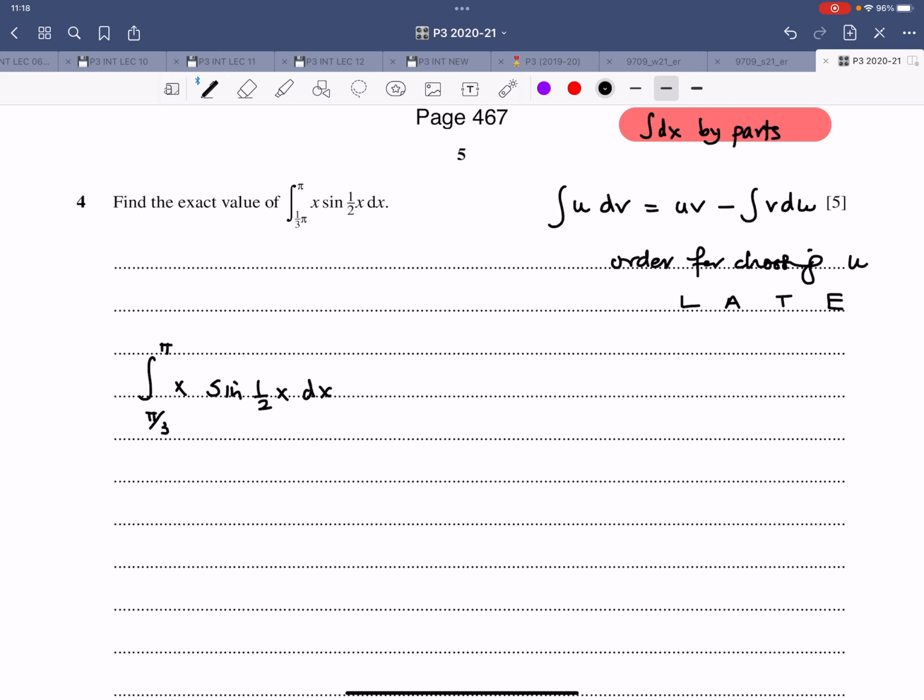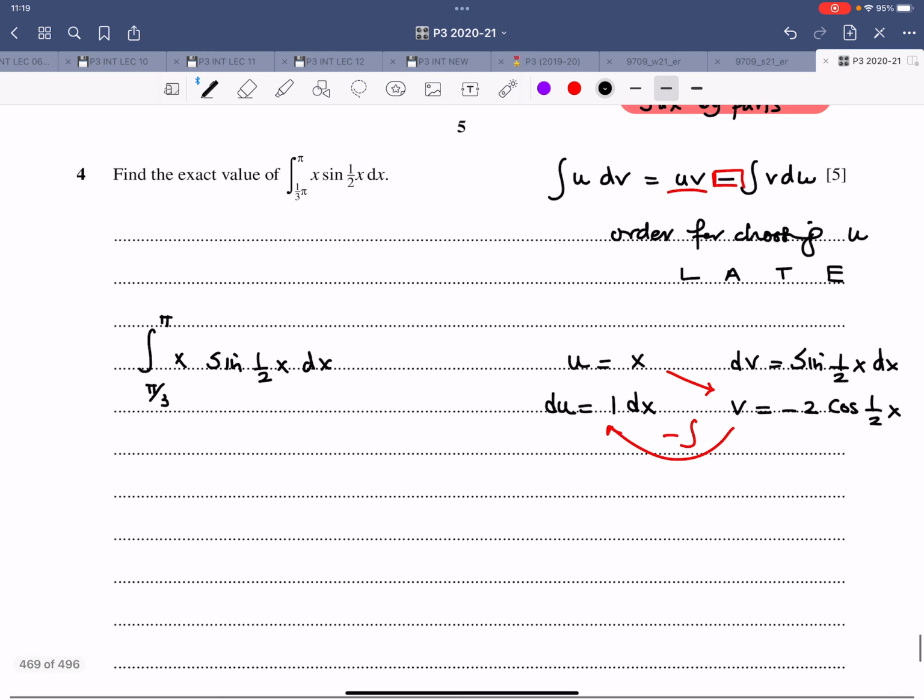First of all, u is algebra, that is x, dv is sine half x dx, du is 1 dx, v is the integral of sine, that is negative cos. So this is negative cosine half x, and don't forget that you have to divide by half, that is multiplication by 2. So therefore this is this. Follow the arrows because this is uv and this is the integral v du, negative integral v du.